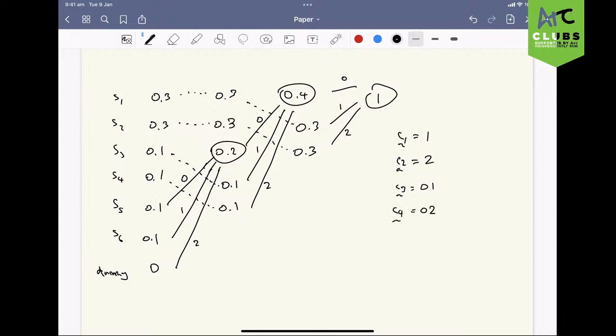So just 0, 2. Fifth symbol, the path looks like that. So 0, 0, 0, 0. And for the sixth symbol, it's going to be this. So 0, 0, 1. And there we have it. We can ignore the dummy because that wasn't part of the original source. But that's all your code words over here.